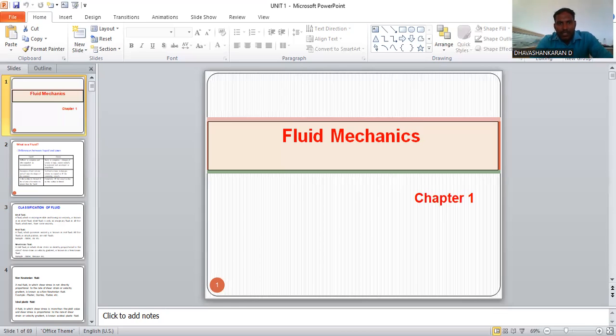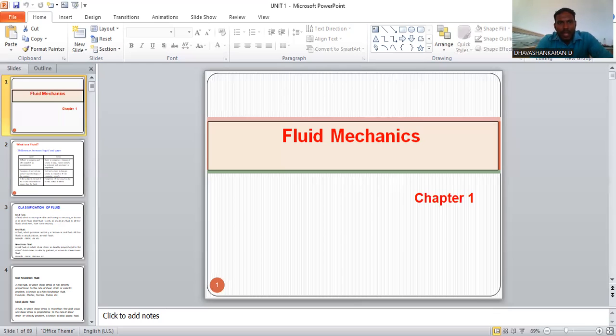This is the calculation for finding the density. Density has the unit of kg per meter cube. We know that the density of mercury is 13,600 kg per meter cube, as it is a standard value, and water has a density of 981 kg per meter cube.